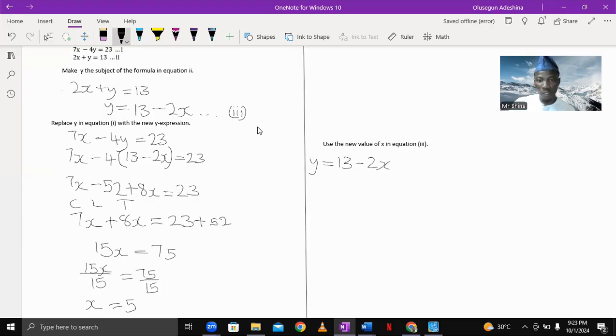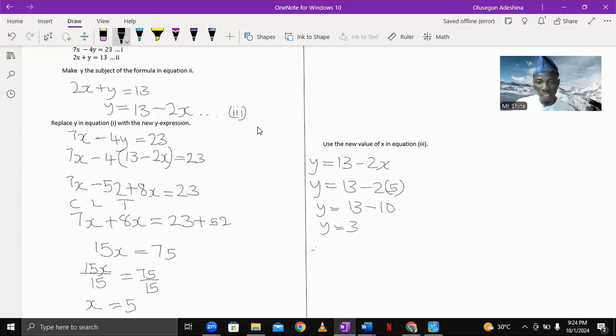So wherever we see x, we are replacing it with the new value for x, which is 5. So we rewrite: y equals 13 minus 2 times 5. 2 times 5 is 10, so y is equal to 3.